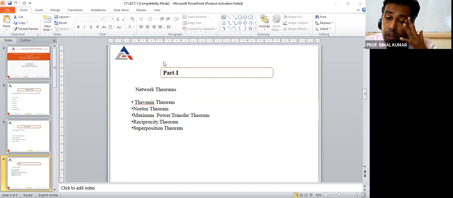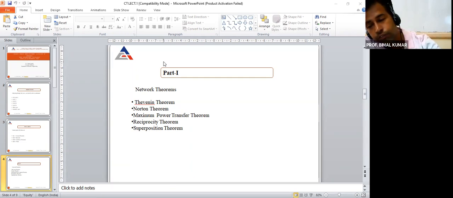There are 5 different theorems: Thevenin theorem, Norton theorem, maximum power transfer theorem, reciprocity theorem, and superposition theorem.